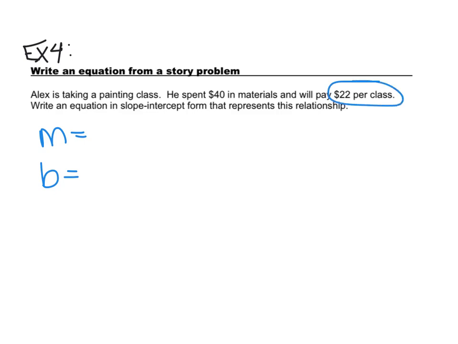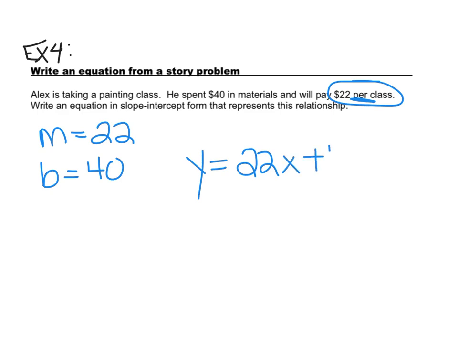And since it's $22 per class, that means each time he goes to class, he's going to pay $22. So our slope is 22. And then our y-intercept is any of those initial costs, because on that graph it's going to be the starting point. If he has 0 classes, he still paid $40 for the materials, and then from there it's going up $22 every class. So we started out with the 40. So to write this equation, you'd have y equals 22x plus 40.